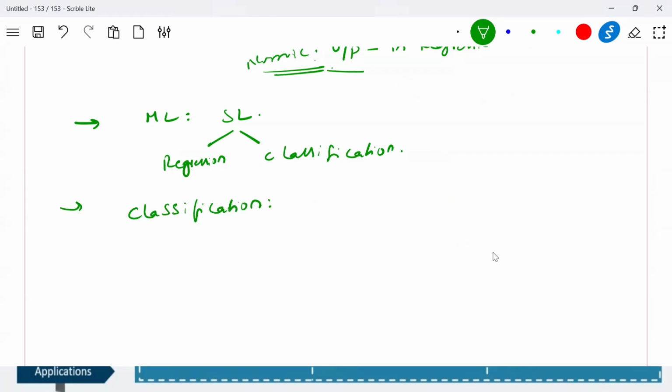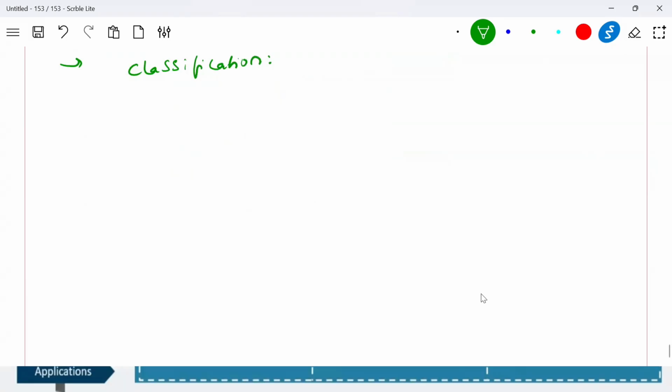So in classification, I have a problem statement one. What is my first problem statement? I want to find out whether Modi will win the election or not.